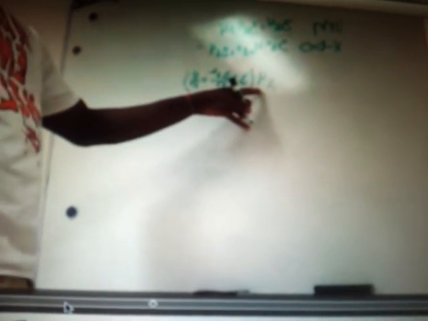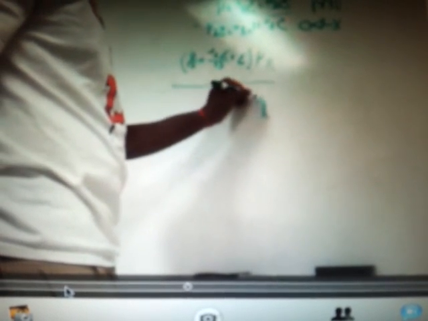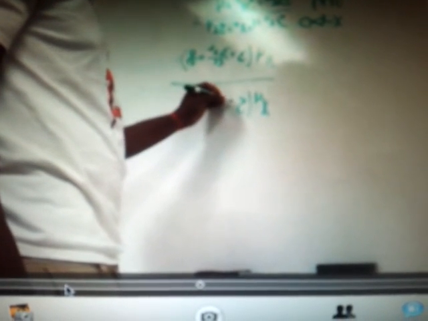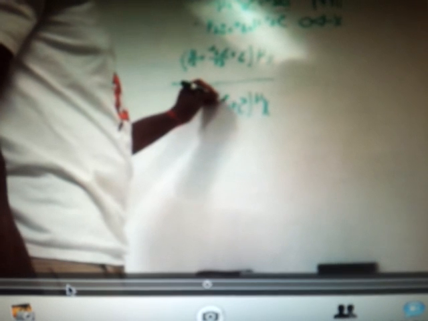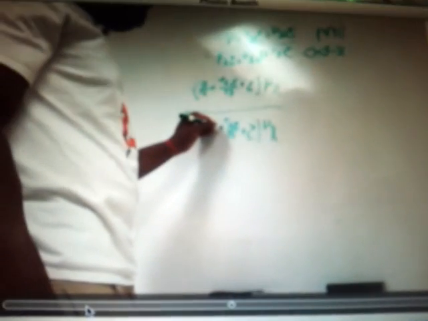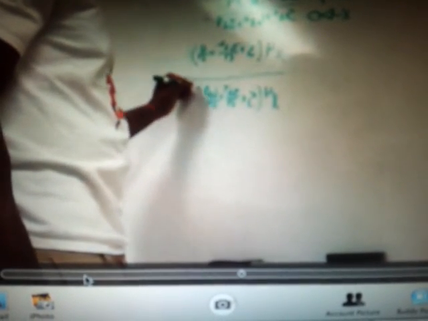The top one, when you pull out the highest exponent, which is x to the 4th, you end up with x to the 4th times 3 plus 3x squared over x to the 4th plus 4 over x to the 4th. And your bottom half, your highest exponent is x to the 4th. So you pull out x to the 4th, you get your 5 plus 3x squared over x to the 4th plus 6x cubed over x to the 4th.